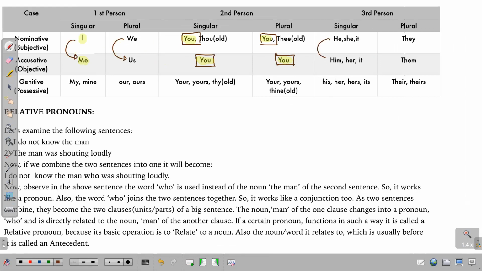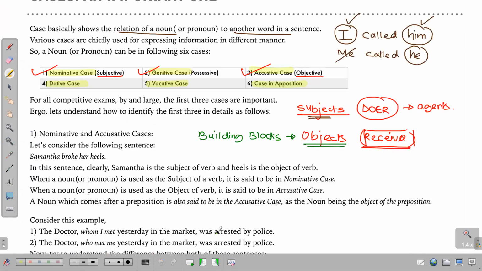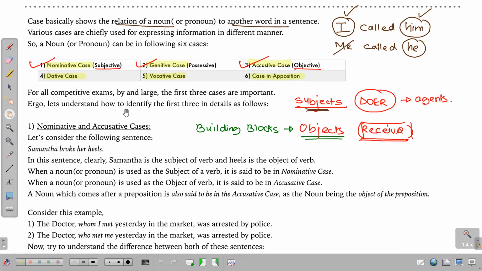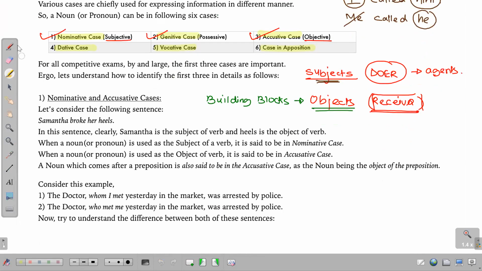Then he becomes obviously him, she becomes her, it remains it, they becomes them in plural. So just remember this list. Genitive and possessive cases are very simple, so I'll come back to them. But if you just remember this list, I becomes me, we becomes us. I mean, you know it, but I'm just saying in case, I have covered this in the video. So just pause it, take a screenshot, just remember them, or do whatever you feel like.